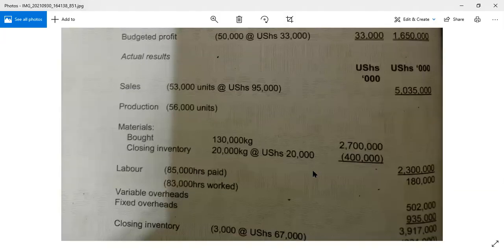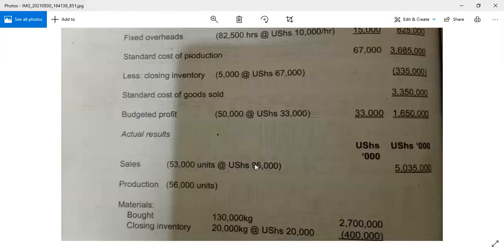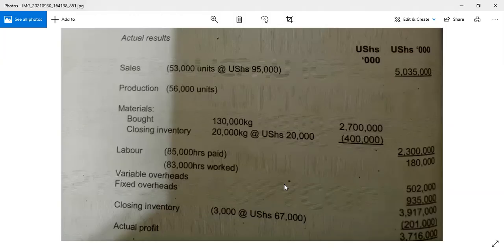And then we also have production, 56,000 units. Then we have materials. They also give us the respective values there. These are basically our actuals. And the reason why we have budgeted and actuals is that we are then able to determine our variances between the two. So we are going to do the sales variances, the material variances, the labor variances, the overhead variances, and so on.